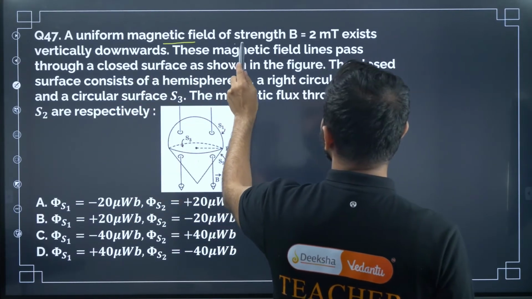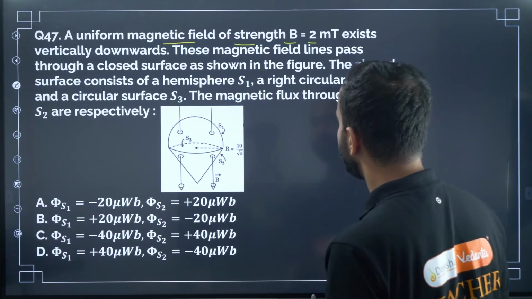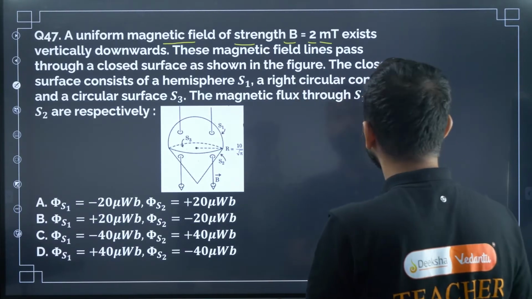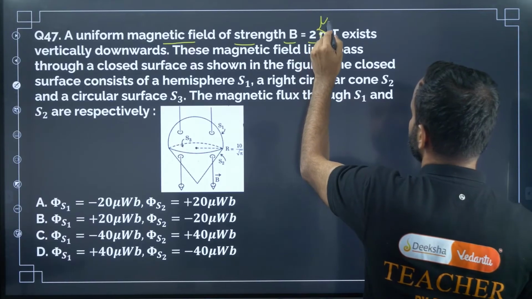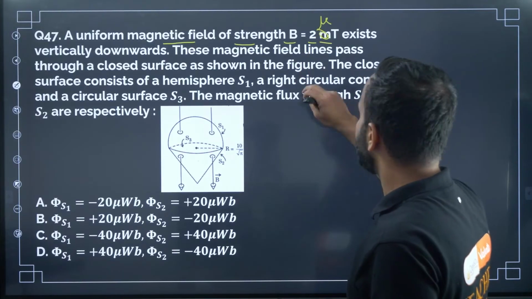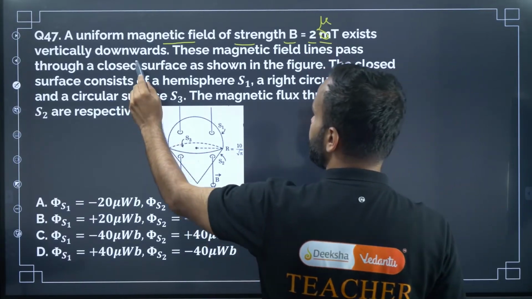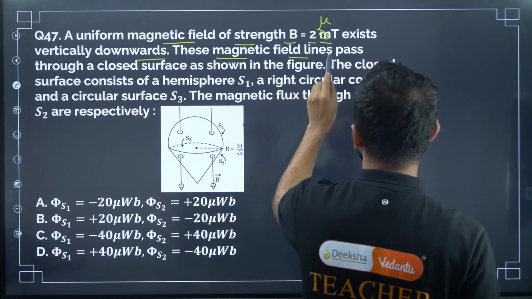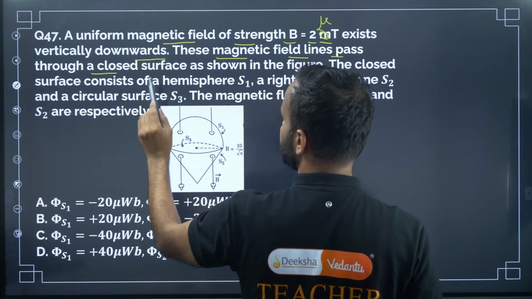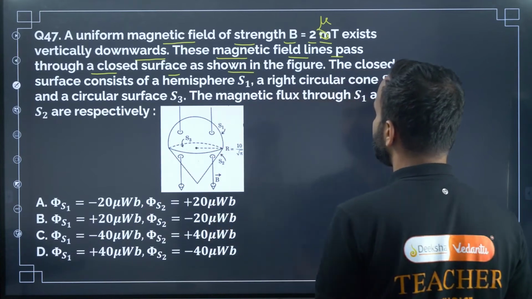A uniform magnetic field of strength B equal to 2 microtesla, sorry, this is not millitesla, this is microtesla, exists vertically downwards. These magnetic field lines pass through a closed surface as shown in the figure.